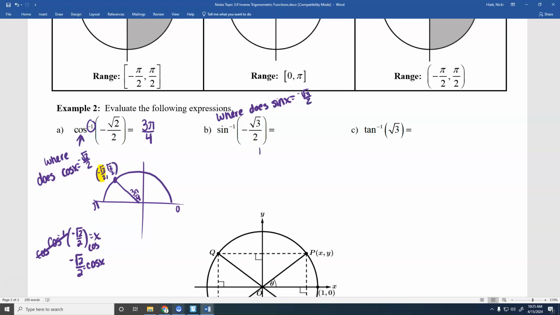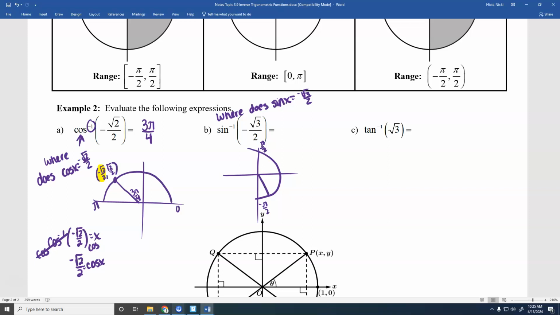Now, for this one, if we're looking at sine, we are going from negative pi over 2 to positive pi over 2. I know it's got to be fourth quadrant if I'm getting a negative answer, right? Where am I going to get a negative square root of 3 over 2? Our answer is not 5 pi over 3, but it's the same spot as 5 pi over 3.